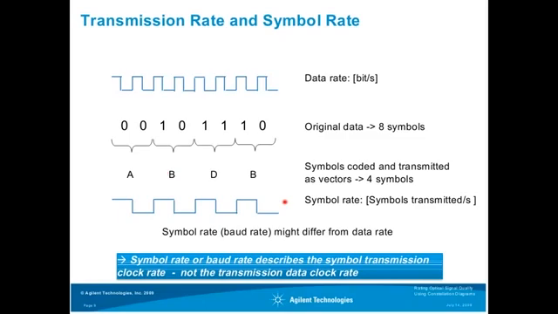So in this special example, the data rate would be twice the symbol rate, or we have reduced the needed bandwidth by a factor of 2. And this is, again, the reason why advanced modulation formats are so attractive in RF, but also in the optic world. So symbol rate or baud rate describes the symbol transmission clock rate, not the transmission data clock rate.